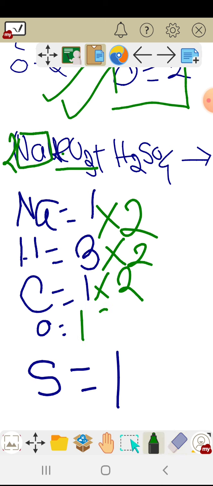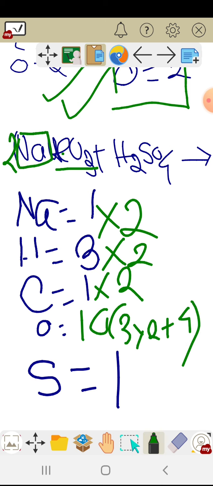Let me write it. 10. That means out of the 10, you are multiplying 3 with 2 and the rest is being added. So 2 into 3 is 6 and plus 4 is 10. Sulfur is not getting multiplied, right?